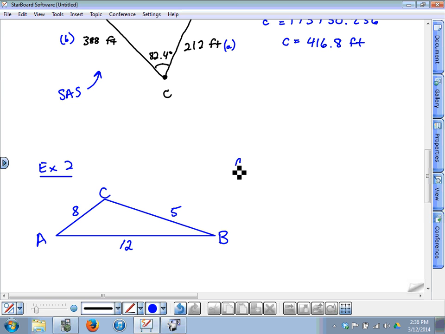So we need to find the angles. So choose one of them first. Just go in alphabetical order here to solve for angle A.